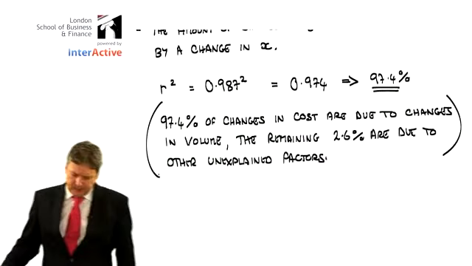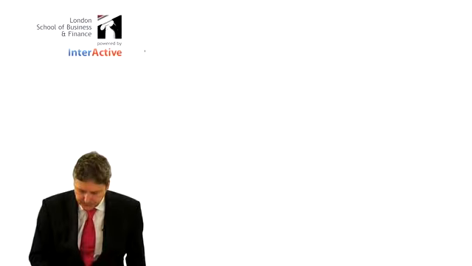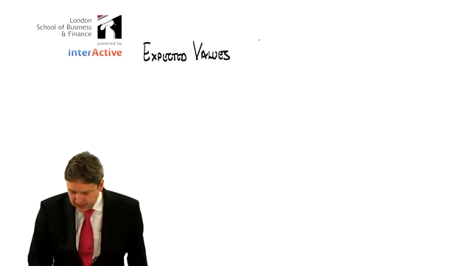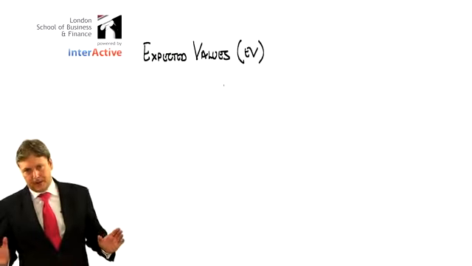Before we leave business maths, now let's look at something called expected values. And if we're looking at expected values, we typically describe them as EVs, just so you're ready for it.